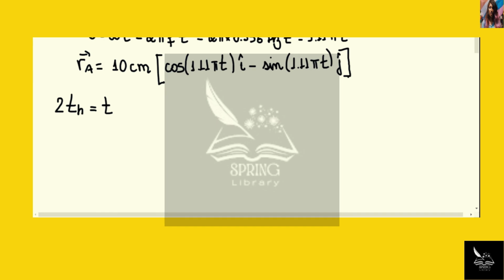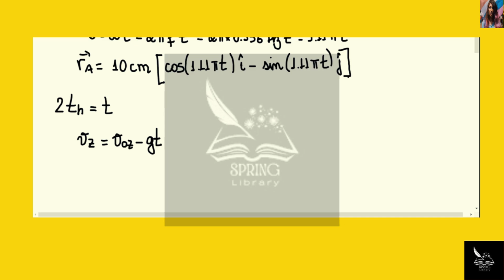The flea jumps in the z direction, and we can write it like this. The speed in the z direction is equal to the initial speed in the z direction minus g t, because the gravity is pointing in the negative z direction.